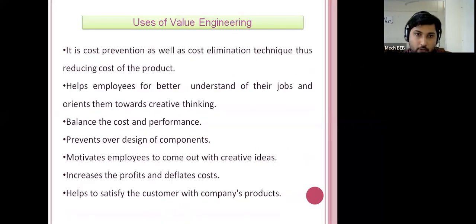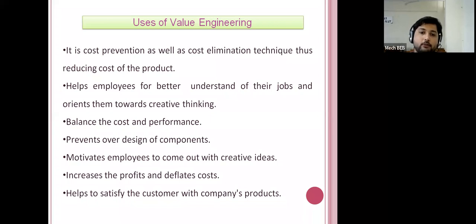So uses of value engineering: how is value engineering useful for the company? As we have discussed, this value engineering concept tries to reduce the unnecessary cost which is going to be inculcated into the product, and it also eliminates unnecessary cost from the product. Okay, and it tries to provide a balanced cost and performance ratio.